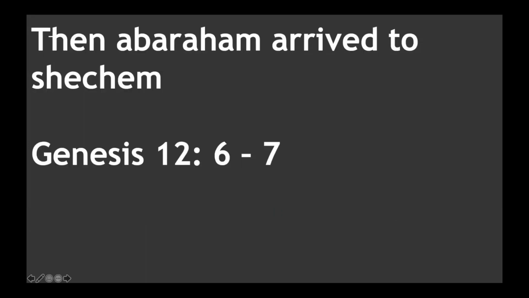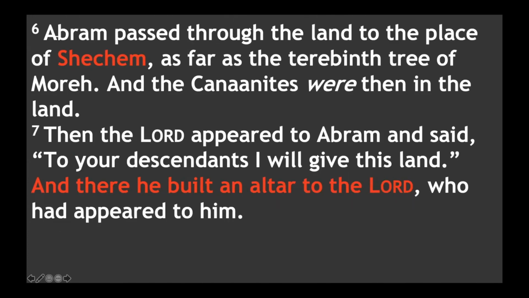And look what is written in Genesis 12:6-7. Abraham passed through the land to the place of Shechem, which is Tel Balata, called Nablus, in the heart of the West Bank, as far as the tree of Moreh. And the Canaanites were then in the land.